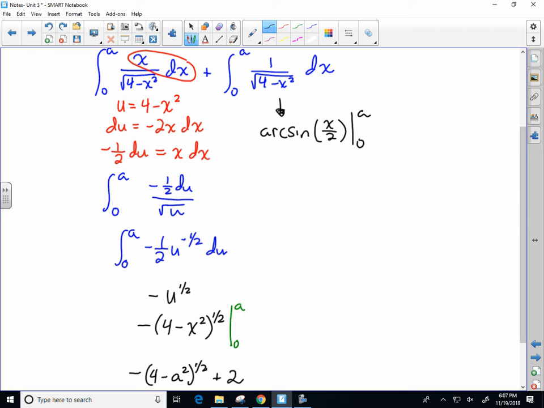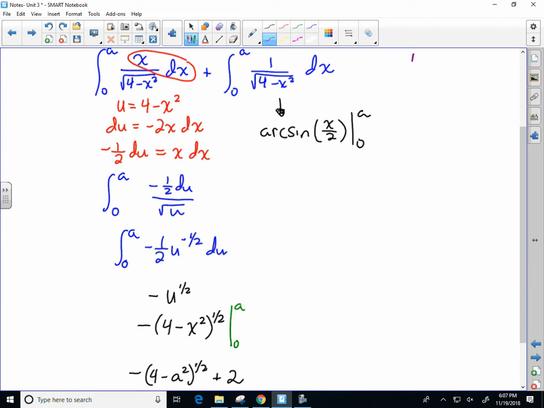So that's one of those shortcut rules that saves you from having to do trig substitution, and I recommend that you research it. I can give you this variation of it, but you should definitely research the other ones.